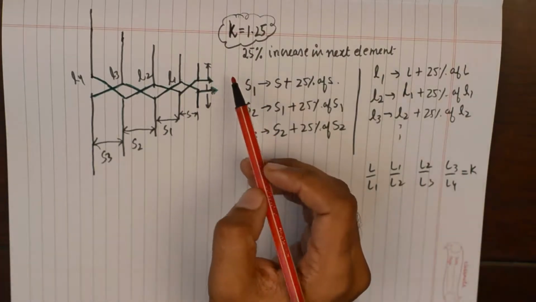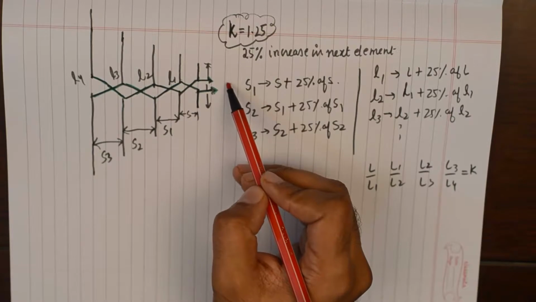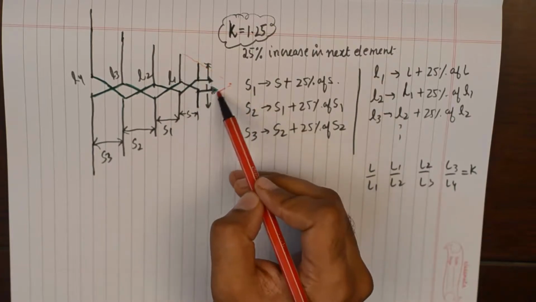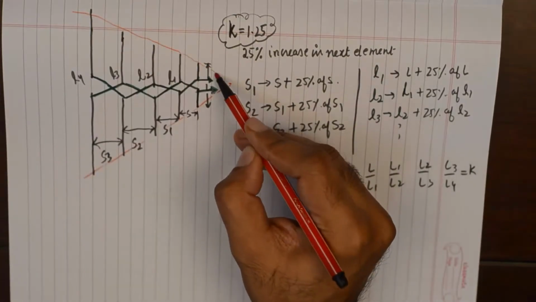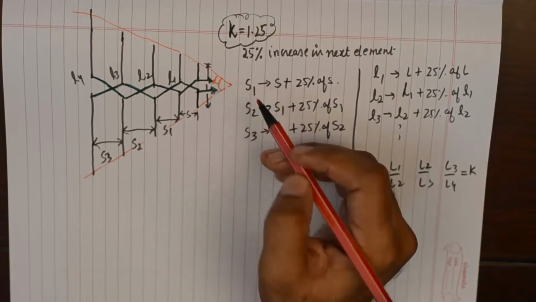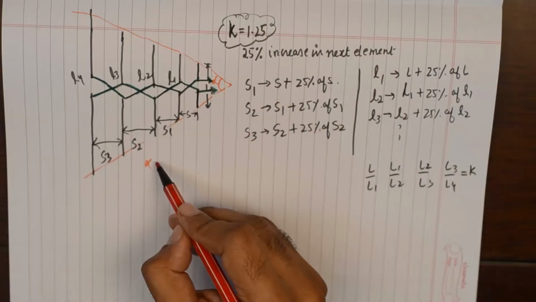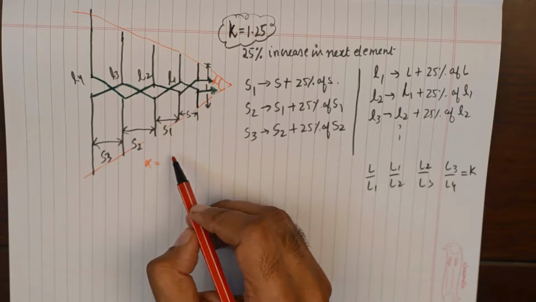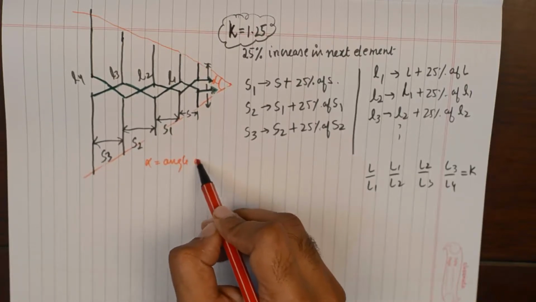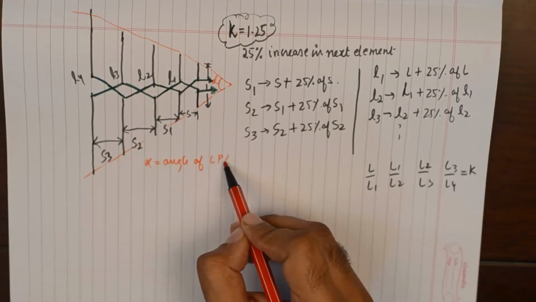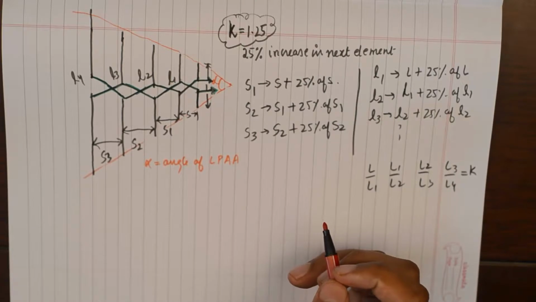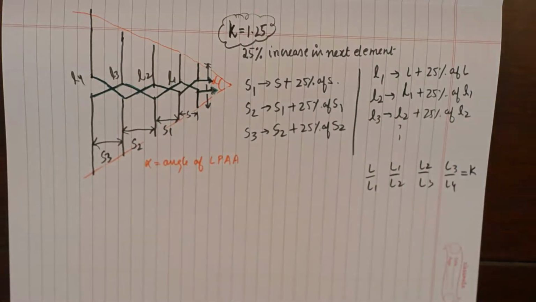So here in this case also, a log periodic antenna would be governed by an angle, let us say alpha, which is the angle of the log periodic antenna array, and this angle would be determined by the value of k that we select.